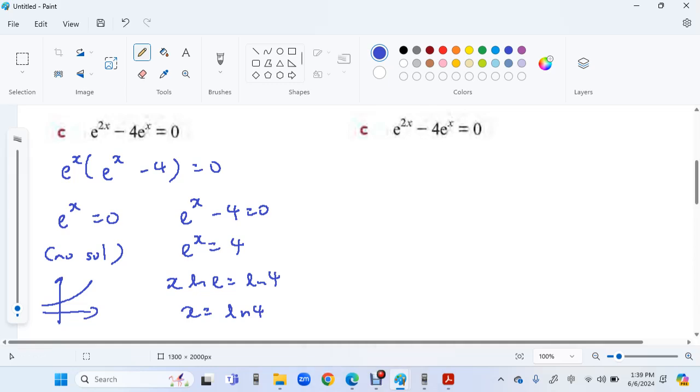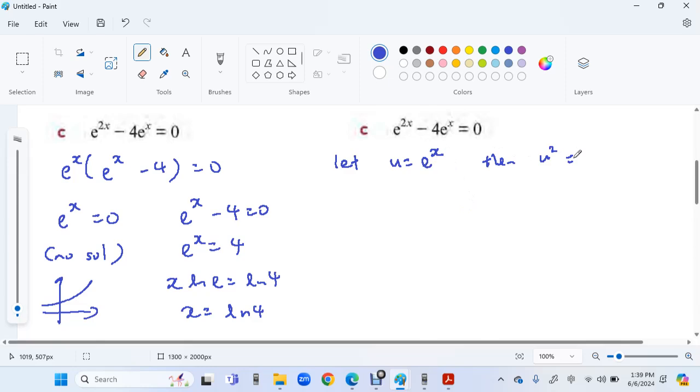Okay. So if you cannot do it this way, then what you can do is this. You let u equal to e to the power x.